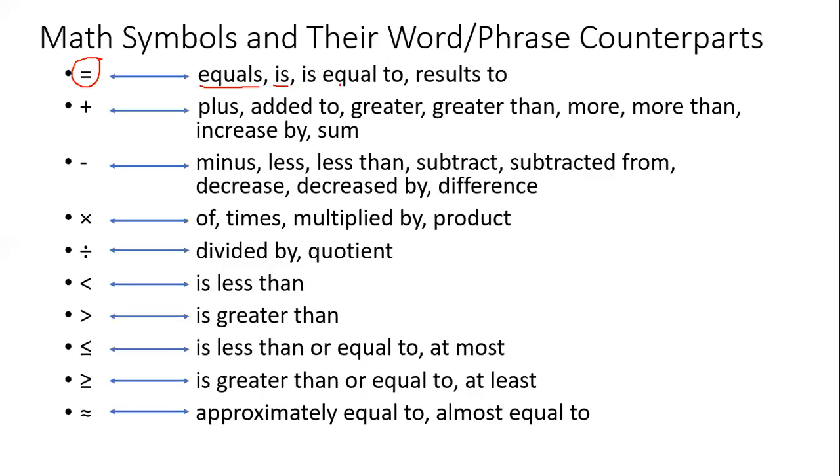Pwede rin po nasabihin natin na is equal to. Pwede rin mabasa yan na is equal to. Or, sa mga word problems po, pwede nyo rin mabasa yung word na results to. Lahat po ng yan, they are synonymous with this symbol.